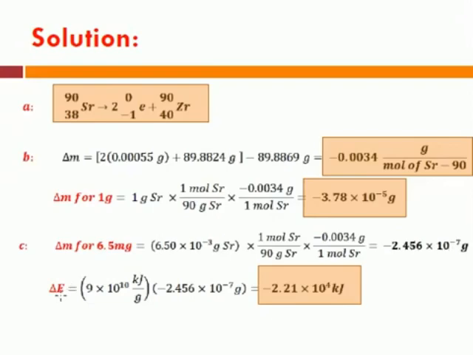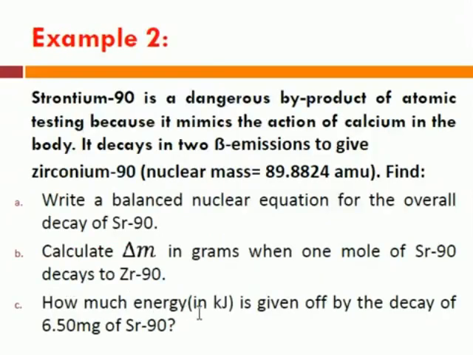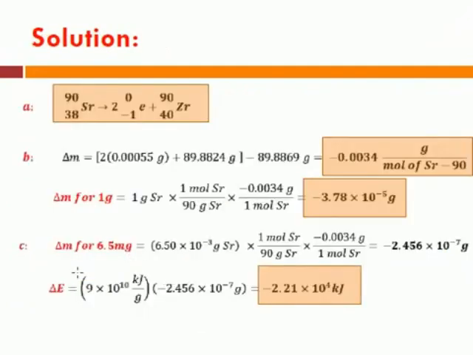Then delta E is equal to, since we're looking for the energy in kilojoules, we're going to use this formula, 9 times 10 raised to 10 kilojoules per gram, multiplied by the delta M for 6.5 milligrams, negative 2.456 times 10 raised to negative 7 grams. Cancel the gram here, so the remaining unit will be kilojoule.